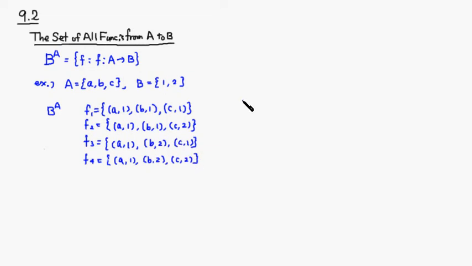About the fifth function, say a is mapped to 2, b is mapped to 1, and c is mapped to 1.